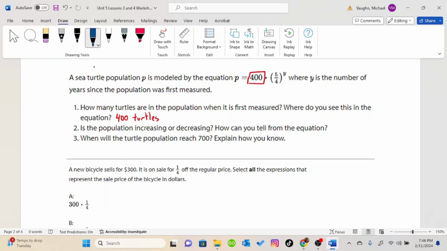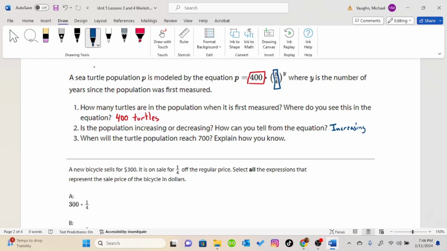Number 2. Is the population increasing or decreasing? How can you tell from the equation? The population is increasing, and I know by looking at the factor. The factor is 5 over 4, which is greater than 1.